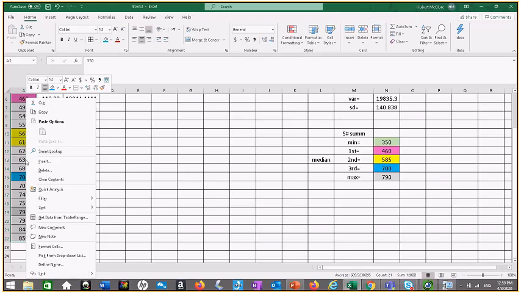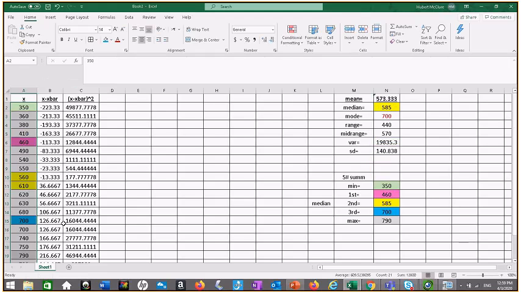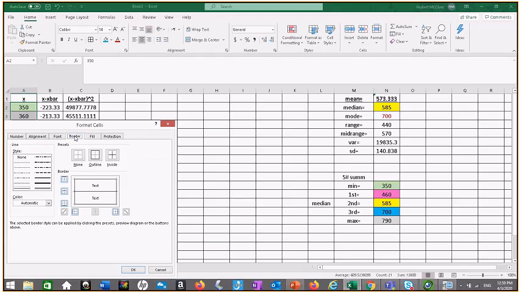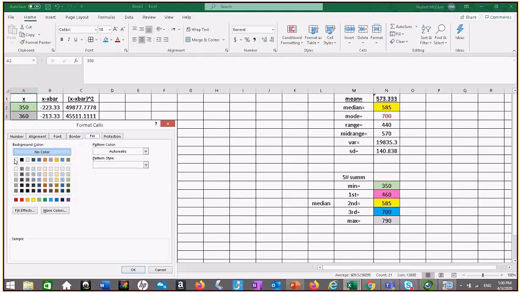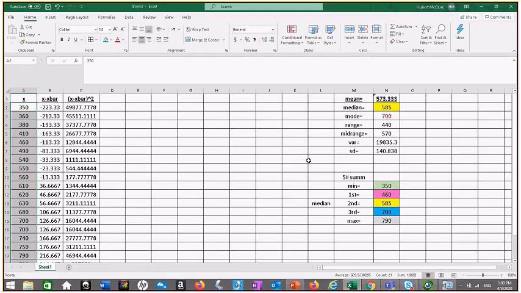Format cells, border, fill, and change all these.